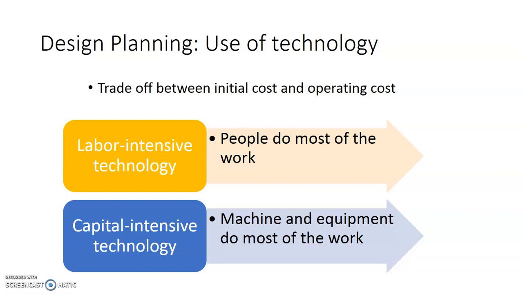Remember, when you decide on capital-intensive technology, the initial cost is very, very high, but the operating cost is lower. When you decide on labor-intensive, the initial cost is lower. So it depends on your design planning.